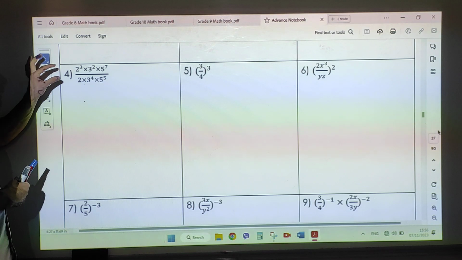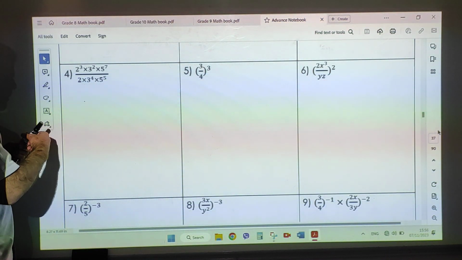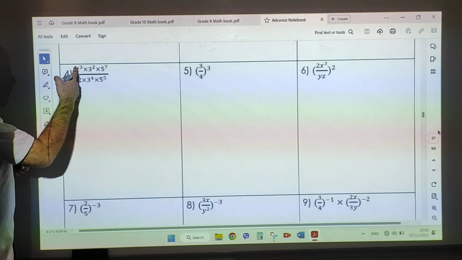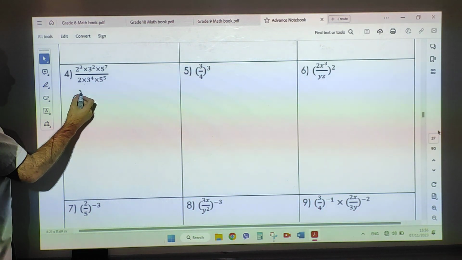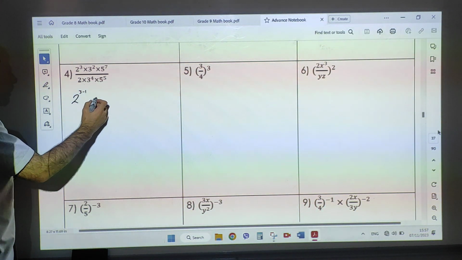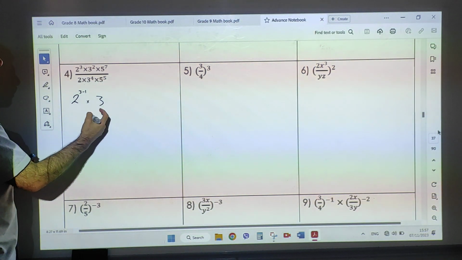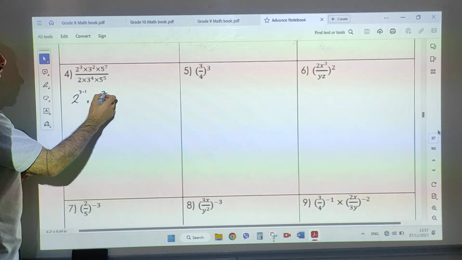Question 4, the bases we have 2, we have 3, we have 5. Each one of them, we write it as one base, the power of the numerator, which is 3. Power of the denominator is not written, it means 1. 3 minus 1. In the 3's, we will get power 2 minus 4.